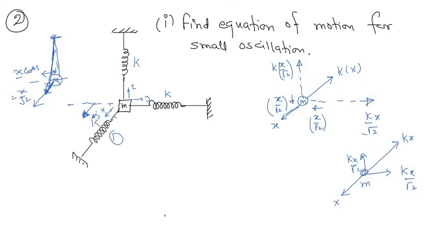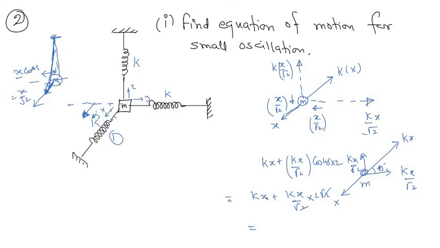Now we have to find the resultant of these forces. So kx by under root 2, kx by under root 2, and these angles are basically 45 degrees. So the total force in the opposite x direction is kx plus kx by under root 2 times cos 45, and there are two such forces, so that is kx plus kx by under root 2 into 2 by under root 2, this will cancel.